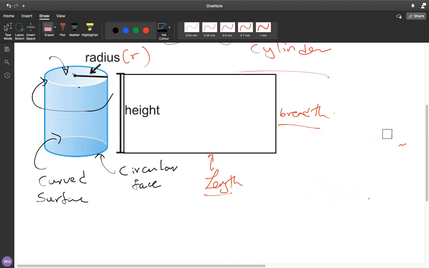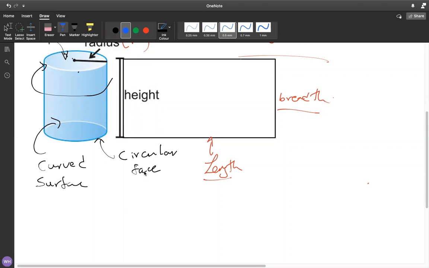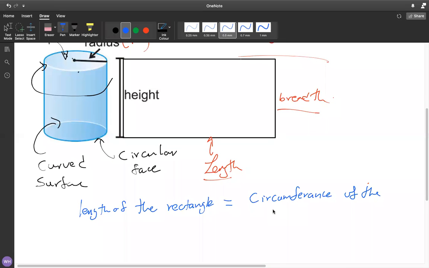Draw a small rectangle by the side of a cylinder. If you have not, better you draw another cylinder and then write it. So that you can write, below that figure, you may write length of the rectangle equals to circumference of the circle.